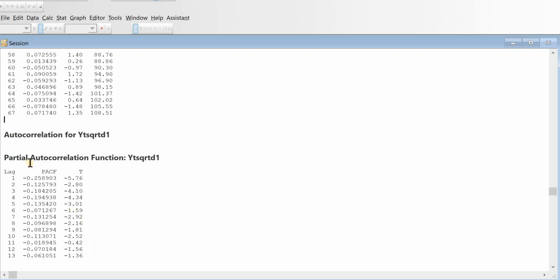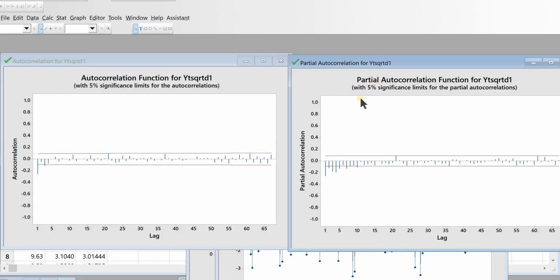Okay, so for PACF, we can see here that until lag 10 it is still significant, because it is negative 2.52. So up to lag 10. When we refer to the PACF plot, we can see that it is significant until lag 10, according to the T value just now.